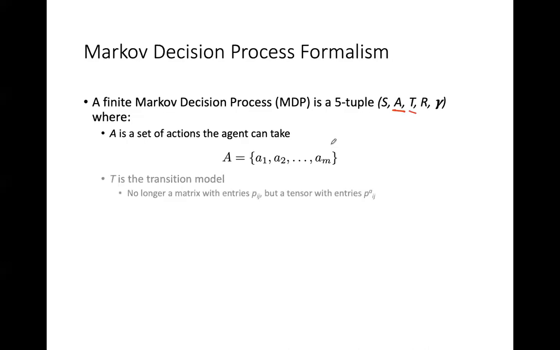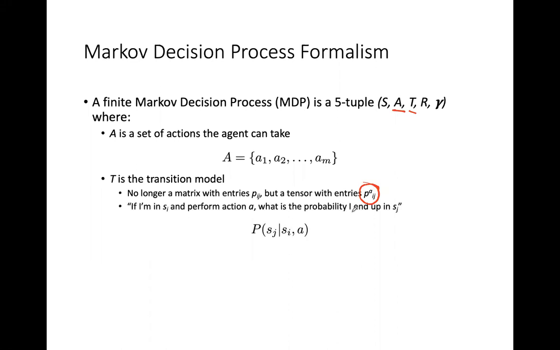And the transition matrix, which was this matrix with entries Pij in a Markov chain, is now going to become a rank 3 tensor. It's now indexed not just by i and j, but also by a, which is the action the agent chooses to take.